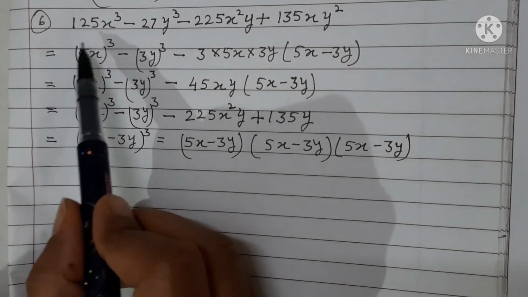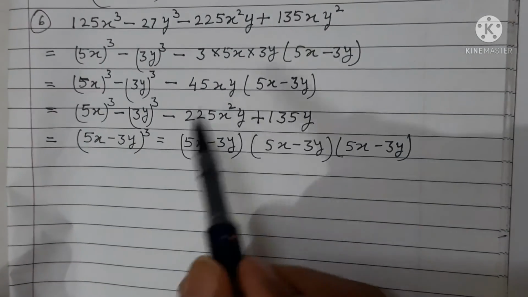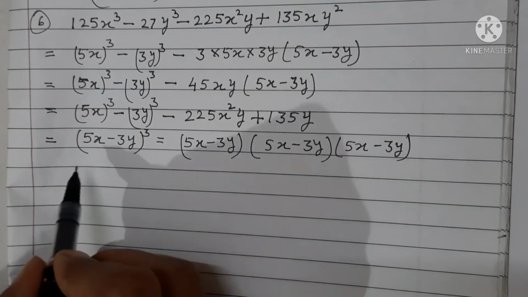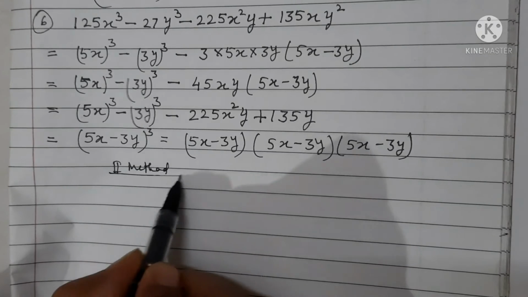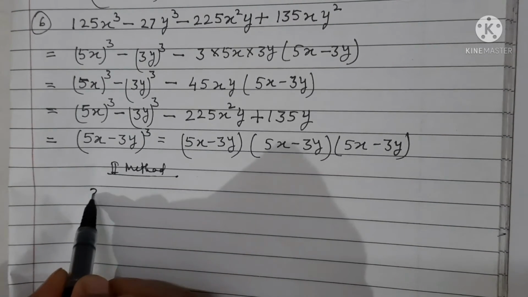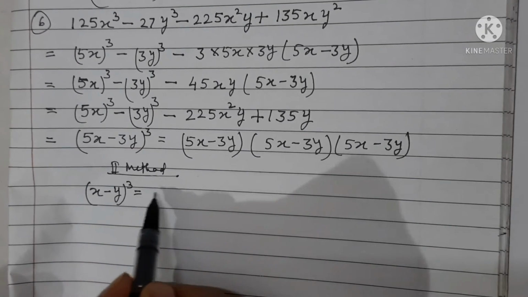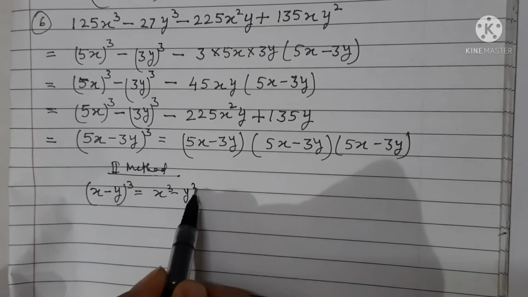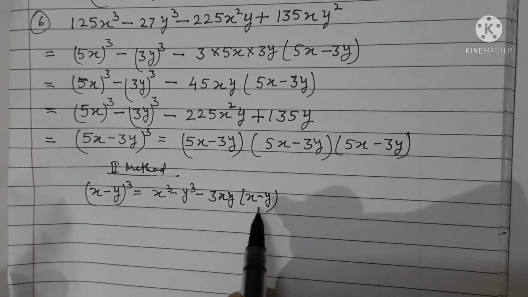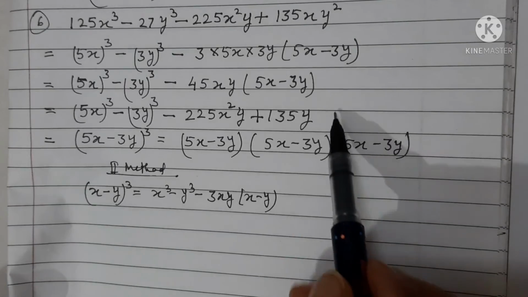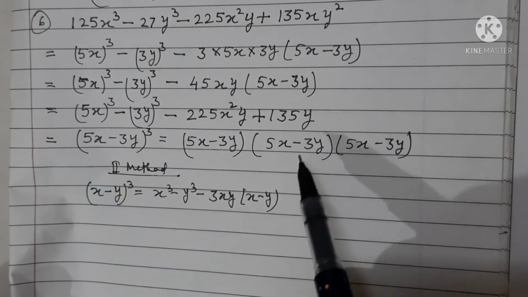This is question number 6 and its solution, and we are taking the same method as we did in the previous questions. Now the second method. You know the identity of x minus y whole cube is equal to x cube minus y cube minus 3xy times x minus y. This identity we are converting and using in the questions.